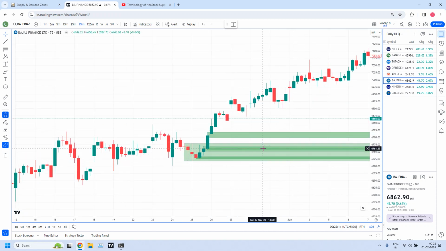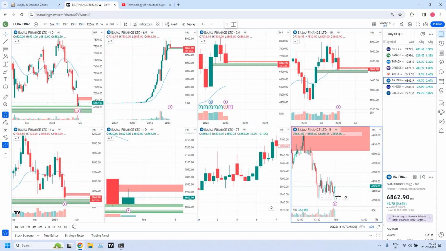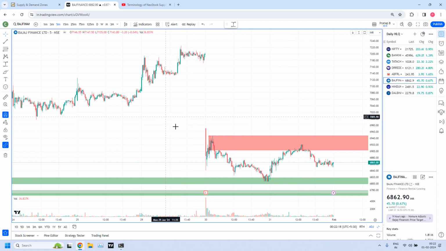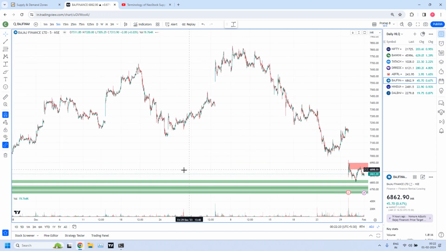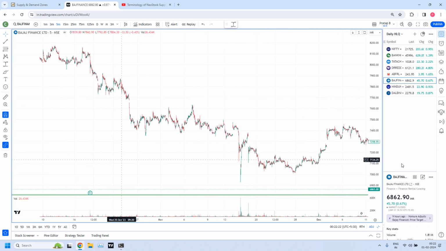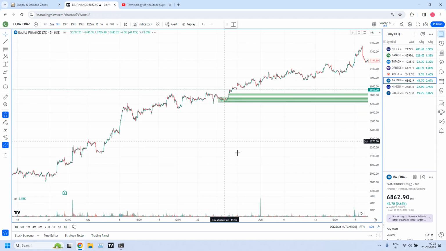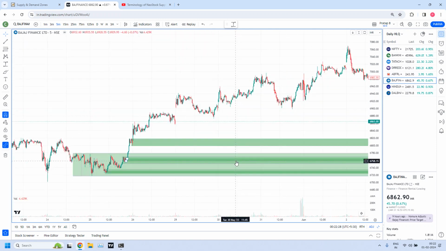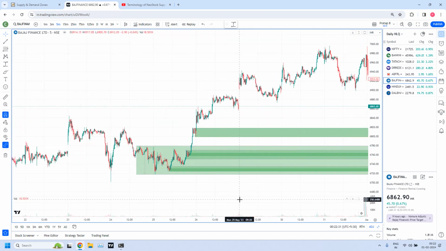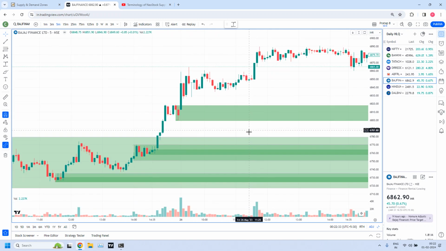What is the reason? The reason is we identified an entry buffer here, the 55 minutes level, let me show you, which is stopping the prices from reaching up to this demand zone.